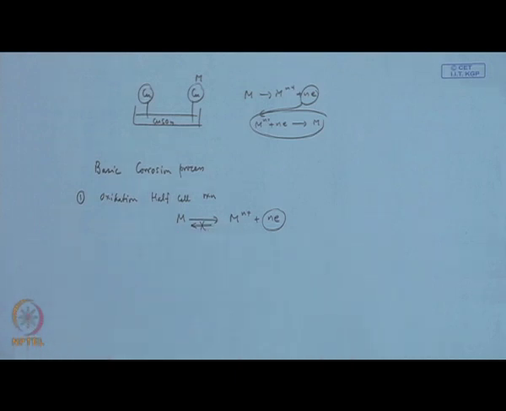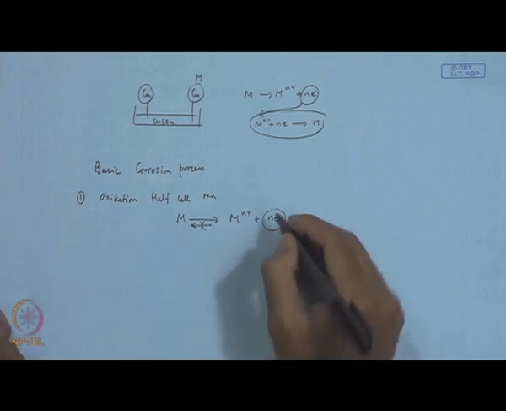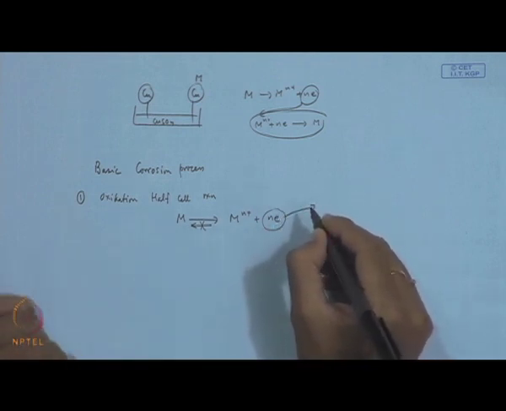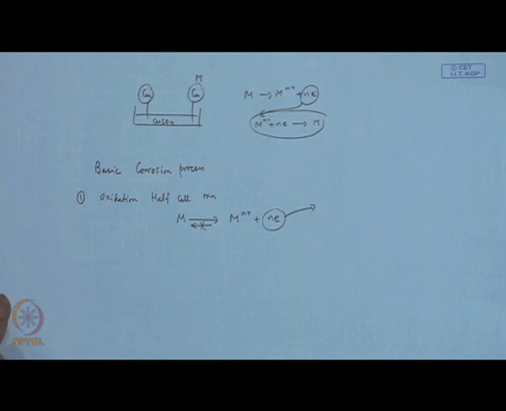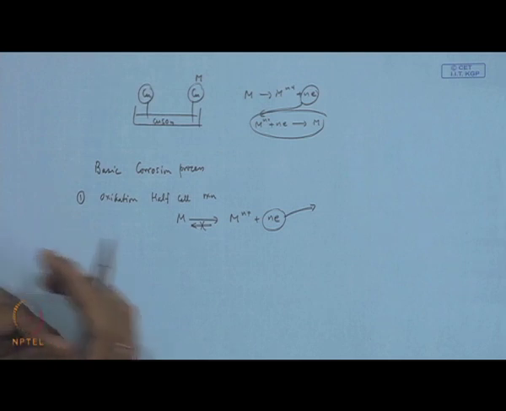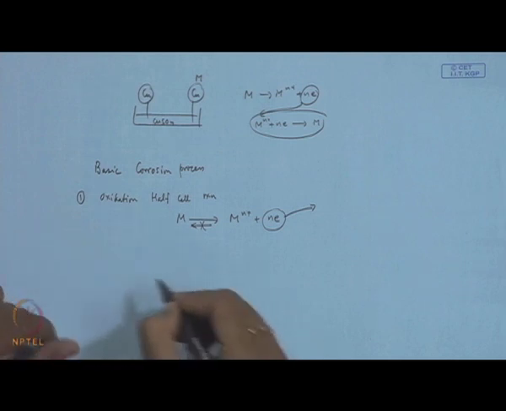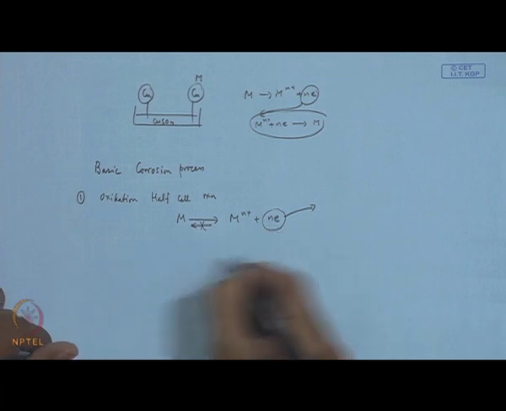When there is no net current flowing, equilibrium is expected to be established. But if there is a net current, that is, if this is taken up by something, then we have a cathodic process, like this is the anodic process. Think of a cathodic process where this electron is used up.